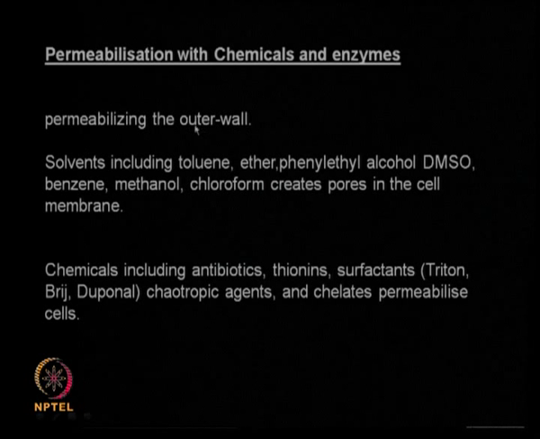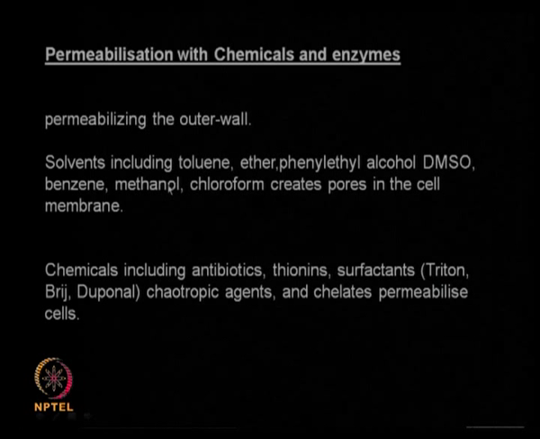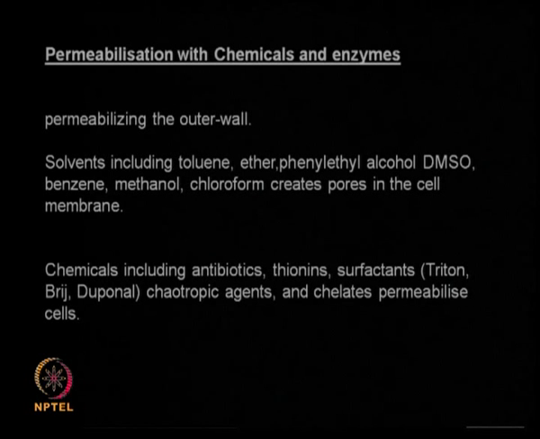Sometimes people use solvents: toluene, ether, phenyl ethyl alcohol, DMSO, benzene, methanol, chloroform. All these solvents can permeabilize or create pores on the cell membrane, and once you create pores, slowly the intracellular material leaks out and then comes out to the external region.